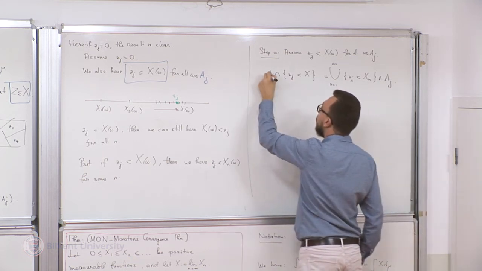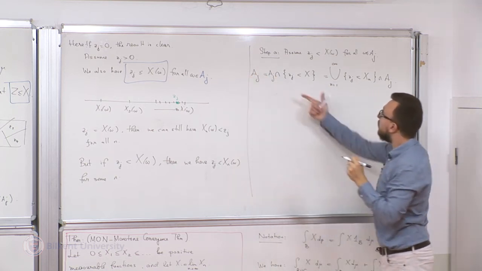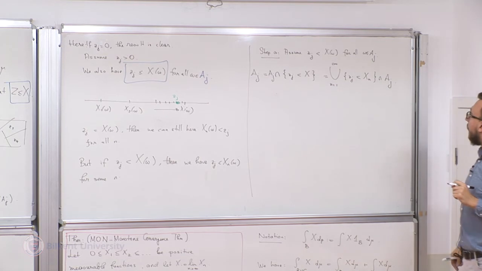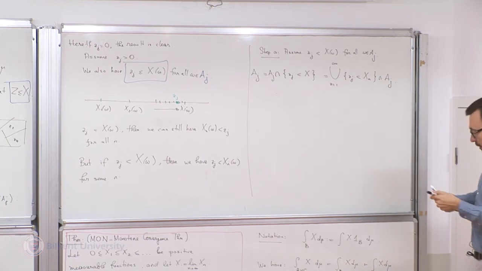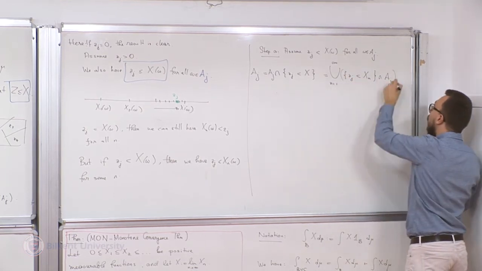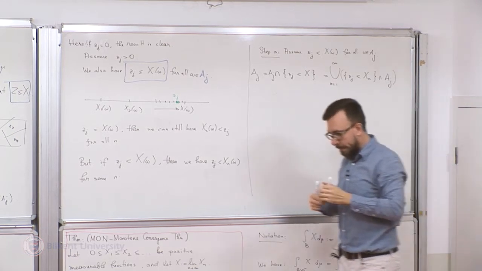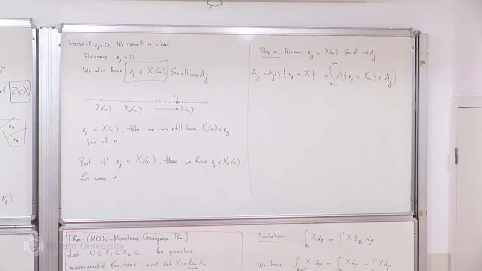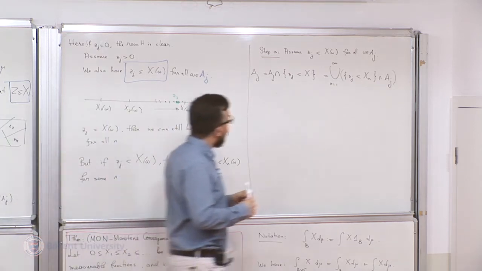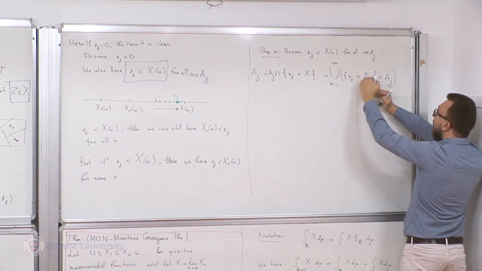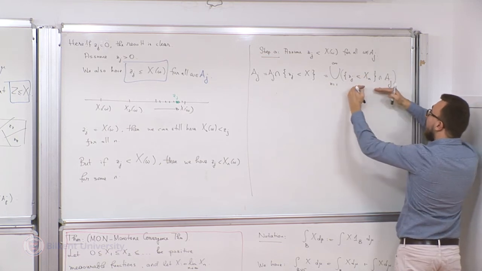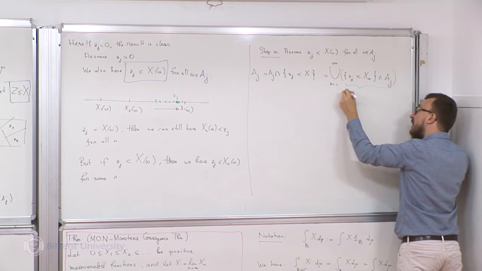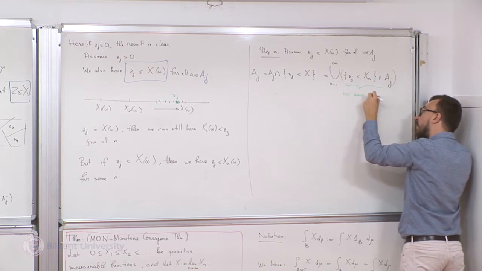We can also write it as Aj, right? Because this is already true on Aj. We just assumed it. Therefore, as you increase n, this set increases, and this sequence of sets forms an increasing sequence of sets.